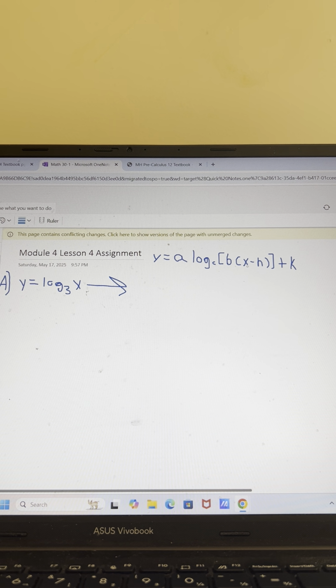So we could use this formula here. A is a vertical stretch, B is a horizontal stretch, H is horizontal translation, K is vertical translation.